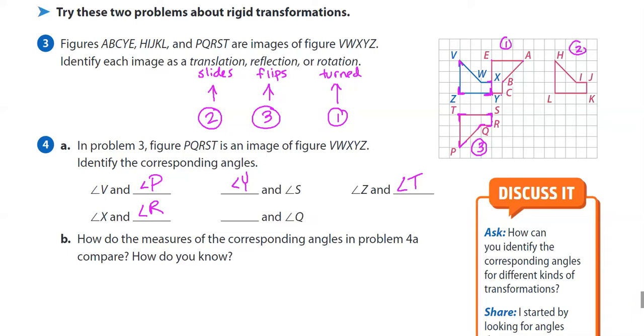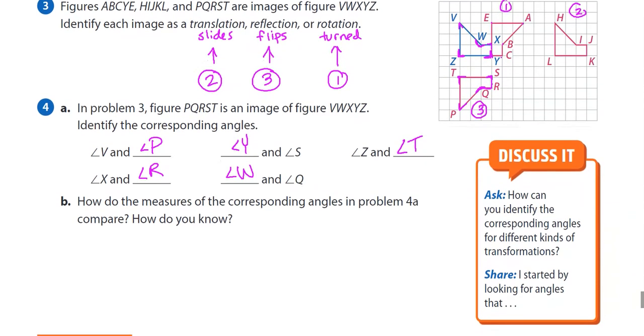Oh, Q's right here. There's Q. There goes the W. There you go. Alright. And how do the measures of the corresponding angles in problem 4a appear?